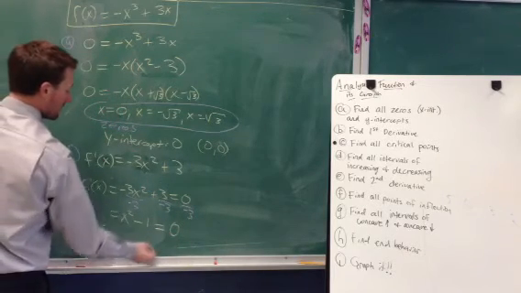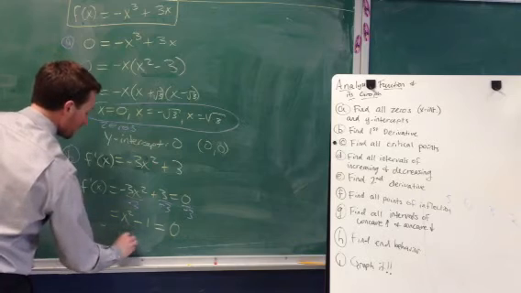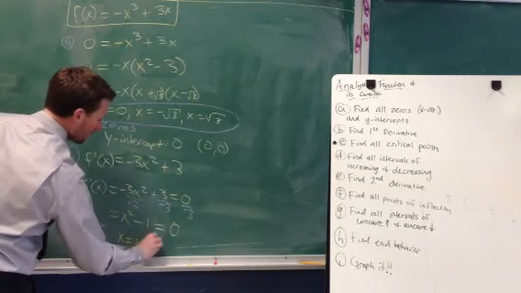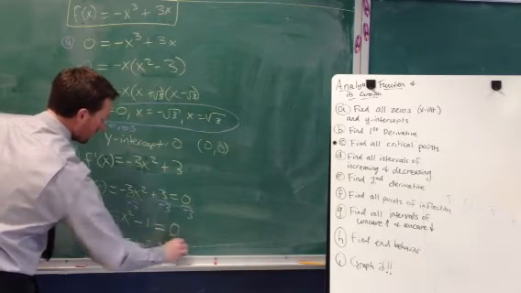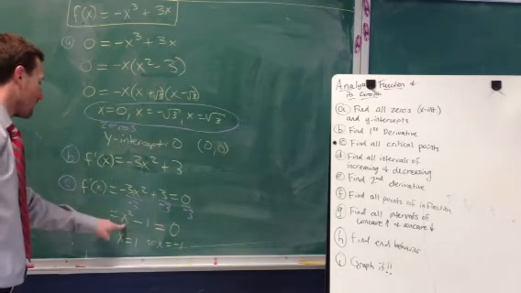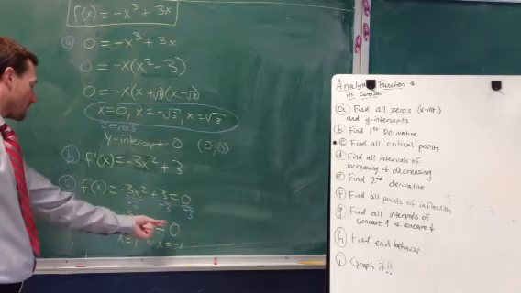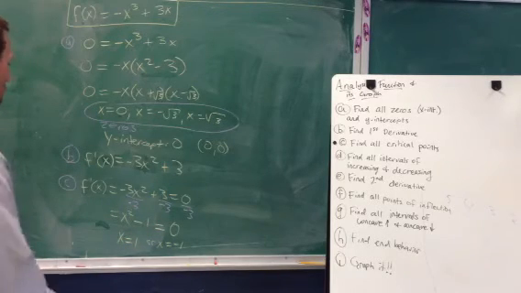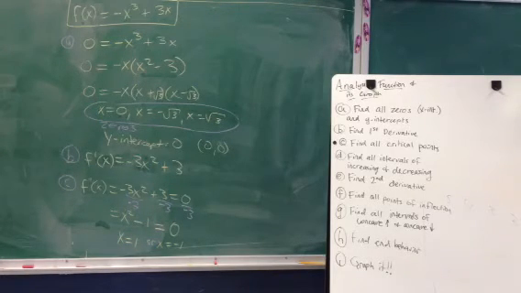X squared minus 1 is 0. X then is 1 or negative 1. Okay? 1 squared minus 1 is 0. Negative 1 quantity squared minus 1 is 0. So those are our critical points.